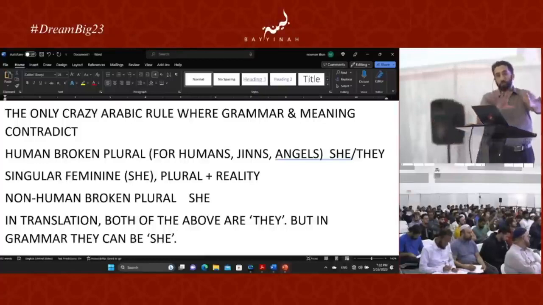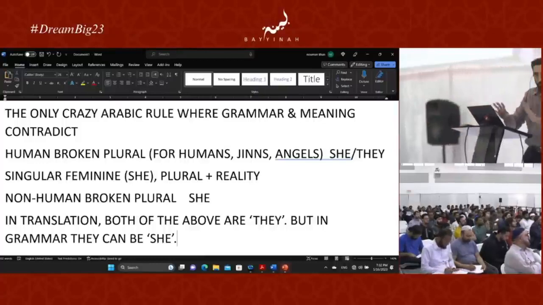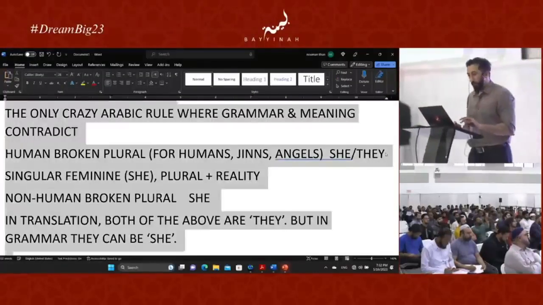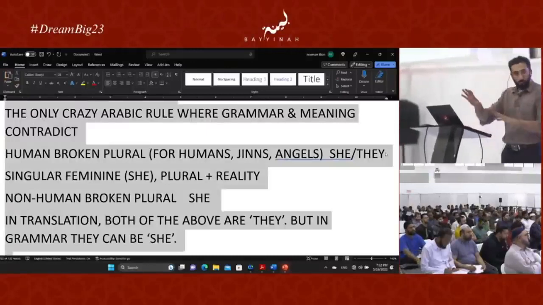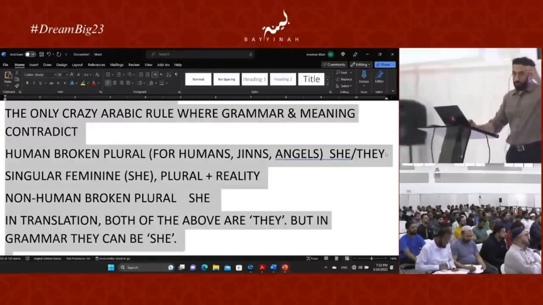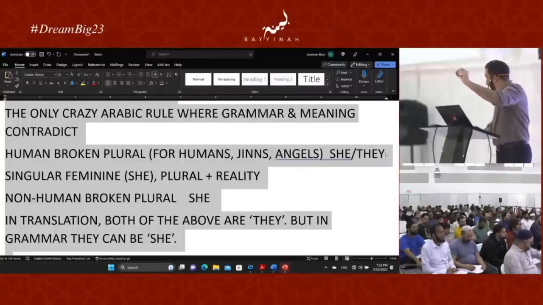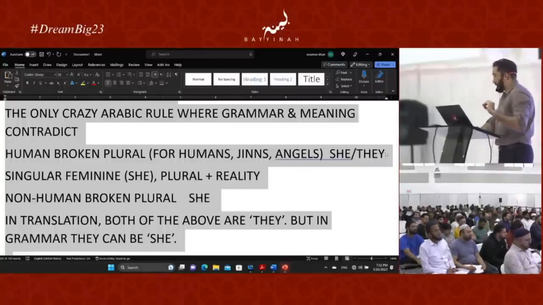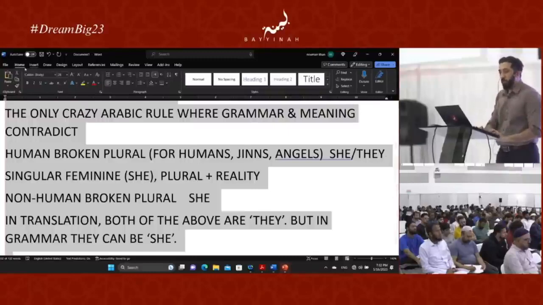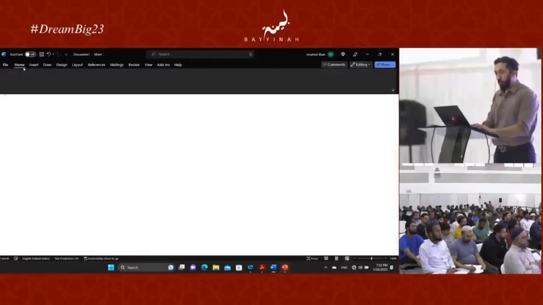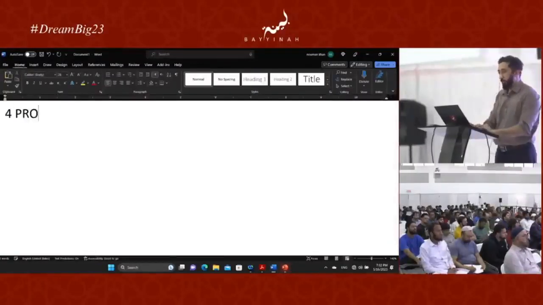Okay? So that's a quick recap of broken plurals. Was this helpful? These are some of the hard parts of what we did so far. Not everything we did, but some of the pain points. Now we're done with the 4 properties of the ism, which were what? What were the 4 properties?